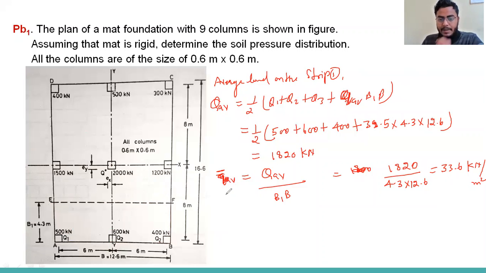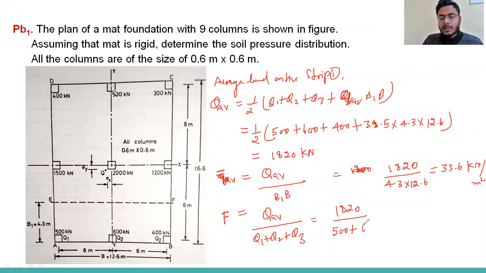Okay, now we can calculate F. That is the average load divided by Q1, Q2, Q3. So we have 1820 divided by Q1, that is 500, Q2, 600, plus Q3, 400.